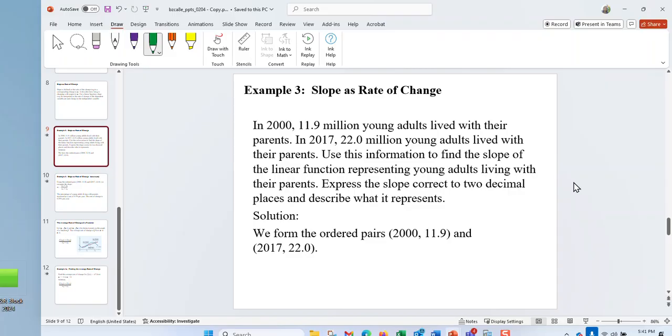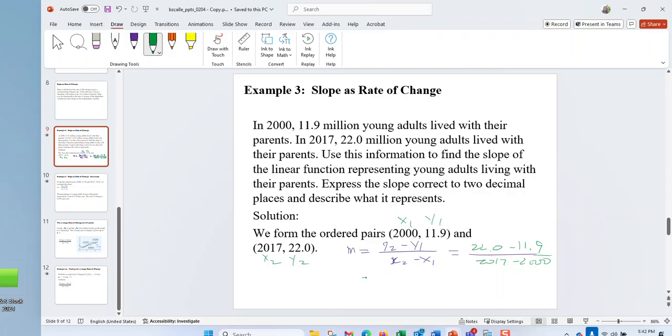So you have to write down the ordered pairs. This is x1, y1, this is x2, y2, okay? And then we're going to find the slope. Slope is y2 minus y1 over x2 minus x1, right? So we have 22.0 minus 11.9, and then 2017 minus 2000.